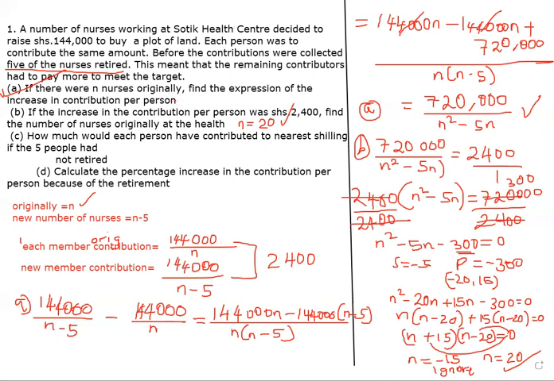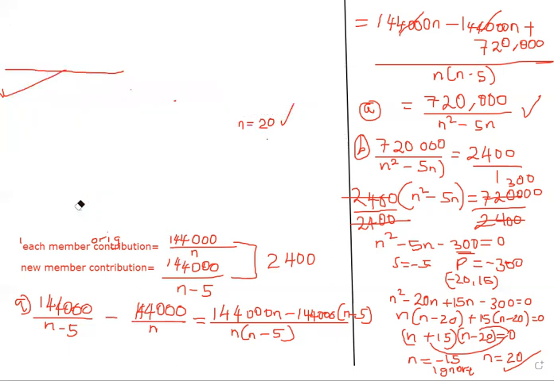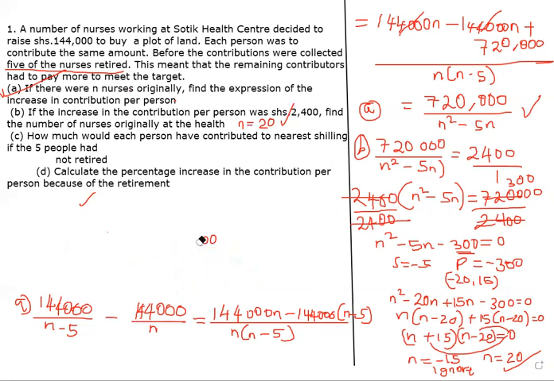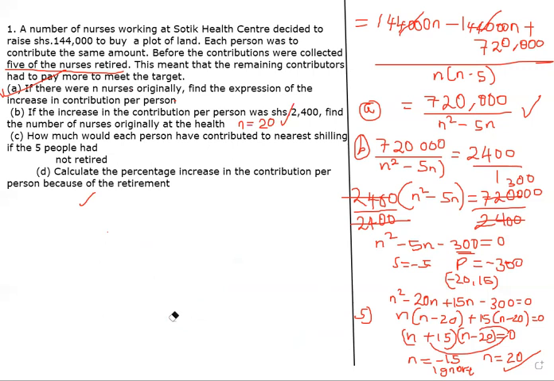Part C now is doable. So this is part B, and this is part C. How much would each person have contributed to the nearest shilling if 5 people had not retired?